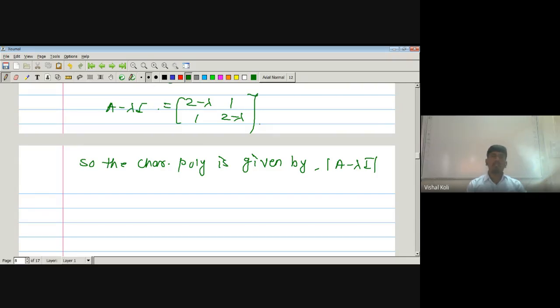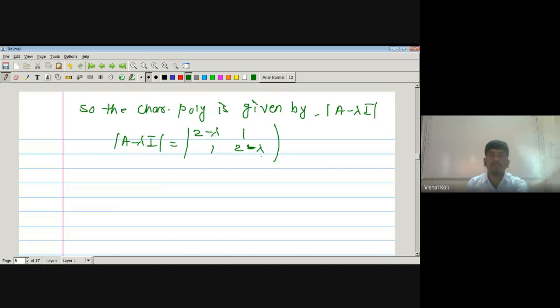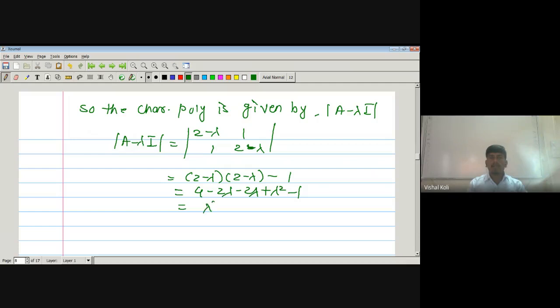As here n equal to 2, it is a polynomial of degree 2 in lambda, which is nothing but the determinant of [2 minus lambda, 1; 1, 2 minus lambda], which is equal to (2 minus lambda) into (2 minus lambda) minus 1 into 1, which is 4 minus 2 lambda minus 2 lambda plus lambda square minus 1.